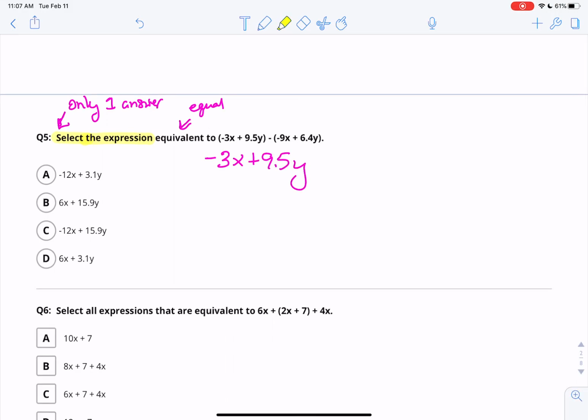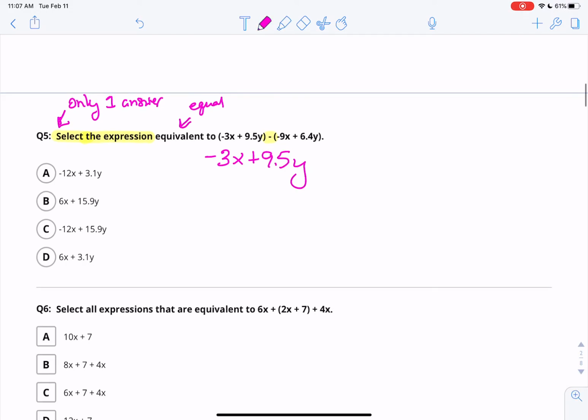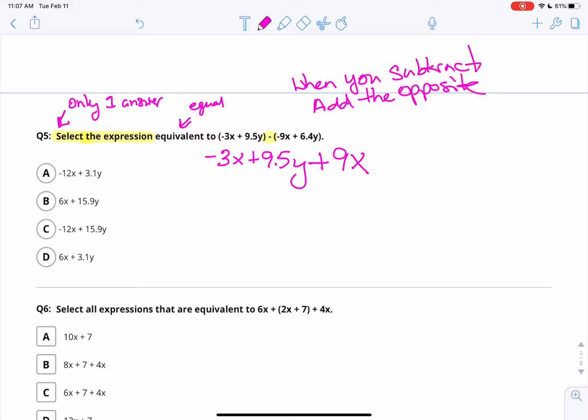And then I notice that there's a minus here. And when we subtract, remember, that means you add the opposite. Okay? So because we're subtracting, we're going to add the opposite. So that's going to turn into a plus, and the opposite of negative 9x is a positive 9x.